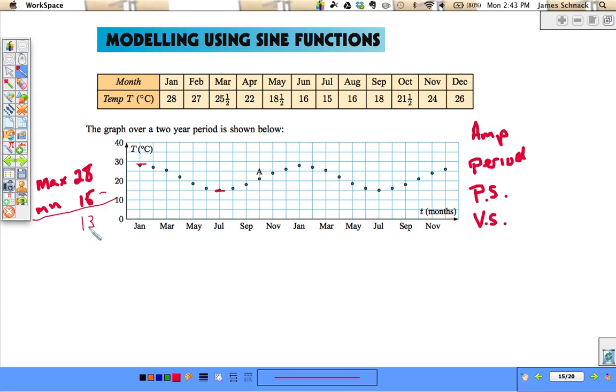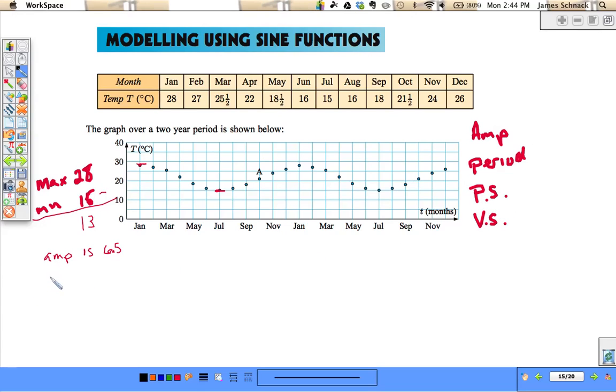So what does that do for us? Well, we can divide that in half and get the amplitude, can't we? So our amplitude is 6.5. Now, where is that amplitude measured from? That amplitude is measured from the midline, which matches up with a vertical shift.